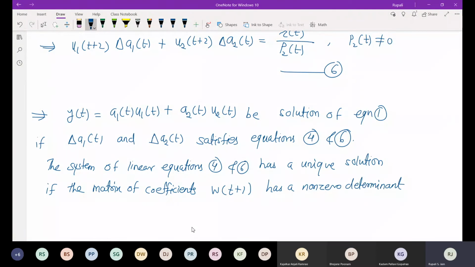The matrix of coefficients, that is the Wronskian W(t+1), has a non-zero determinant. That is, the Wronskian is non-zero.